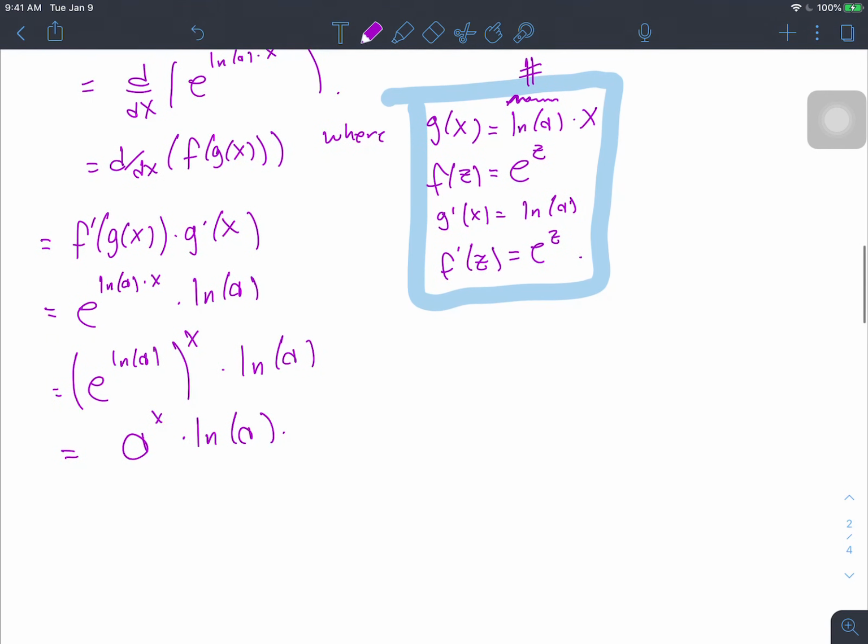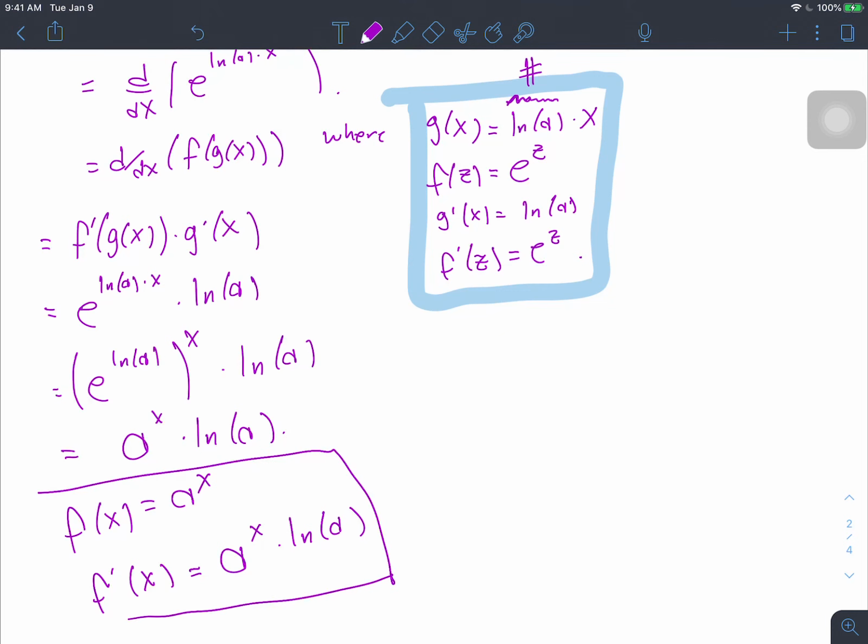All right, so this was all to say that if f of x equals a to the x, then f prime of x is equal to a to the x times ln of a. That's the rule that we just showed.